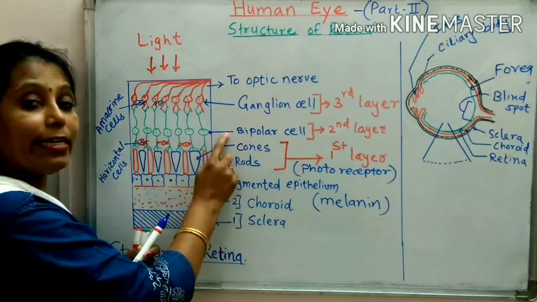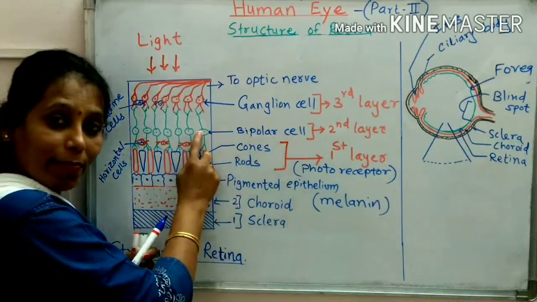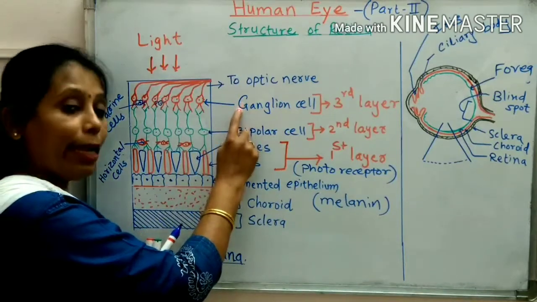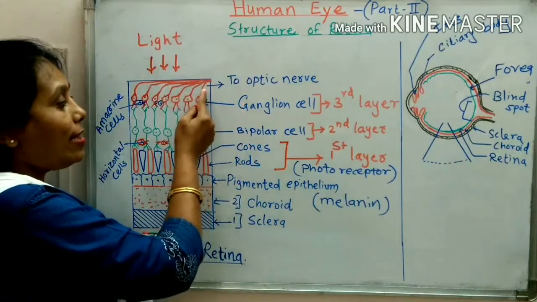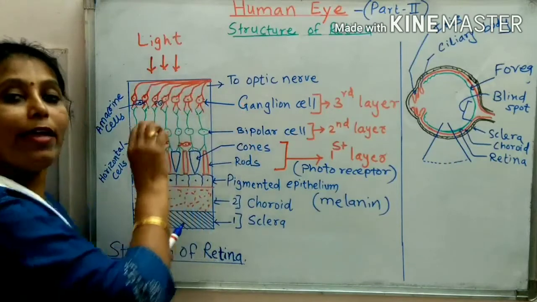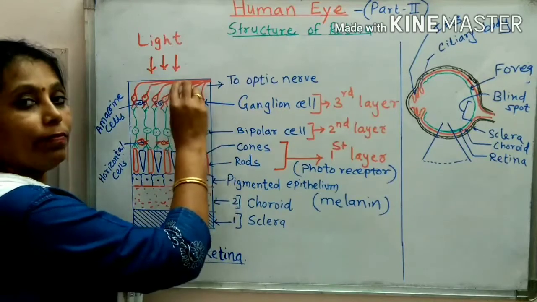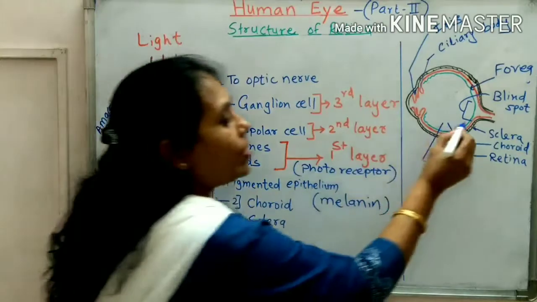The second layer is of bipolar cells. Special neurons are present. The third layer, again special neurons, is of ganglion cells. These ganglion cells have parts called axons, the part of the neuron. All the axons come together and leave this area.